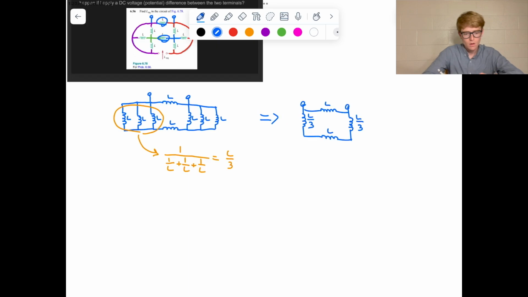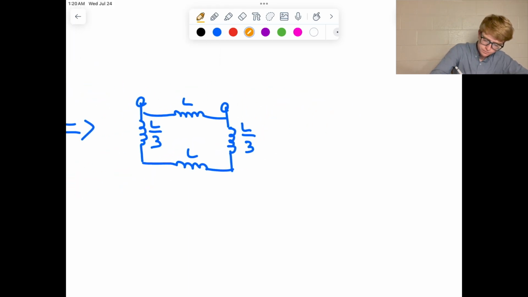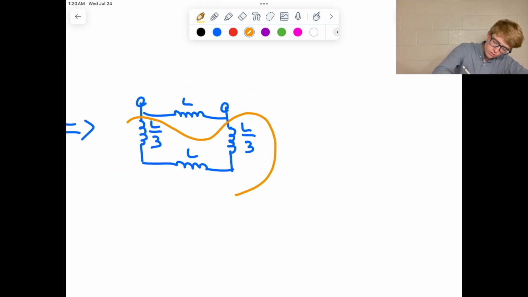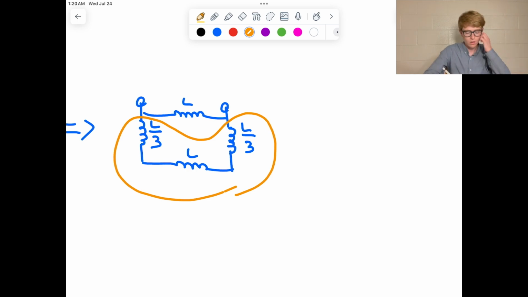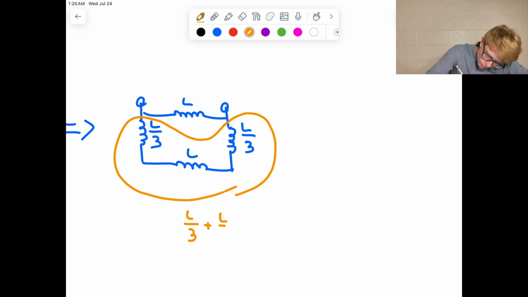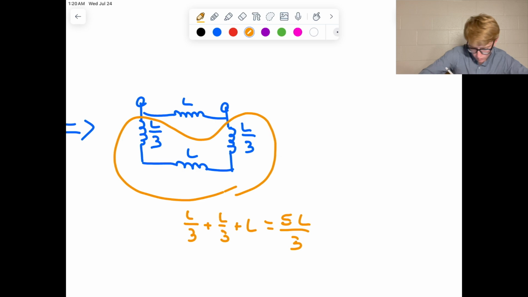Okay? And now we see, oh look, this big group of 3 all have series connections. So I can just add those up. So we've got L over 3 plus L over 3 plus L. And that's going to get me to 5L over 3. Okay?